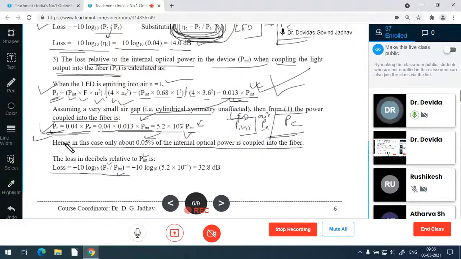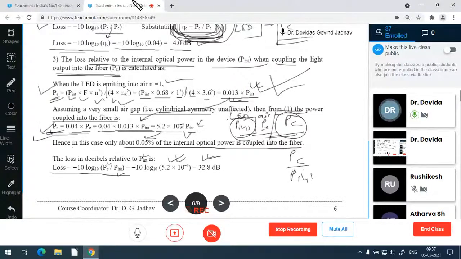So loss is minus 10 log to the base 10 of 5.2 into 10 raised to minus 4. Okay. So loss is 32 dB. So out of this P internal, how much is coupled into fiber? That loss is PC upon P internal.